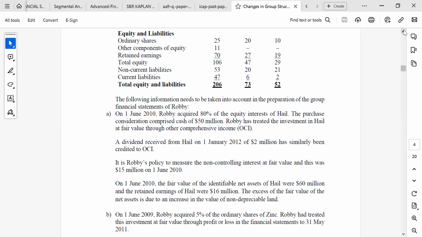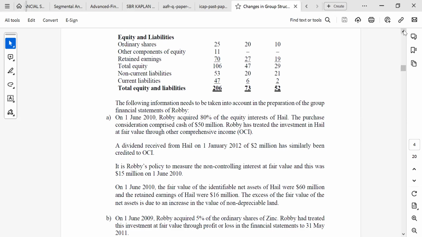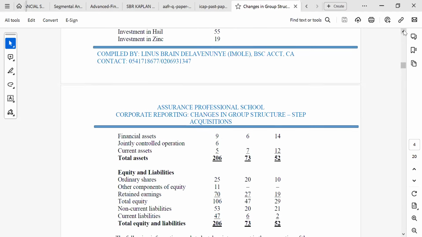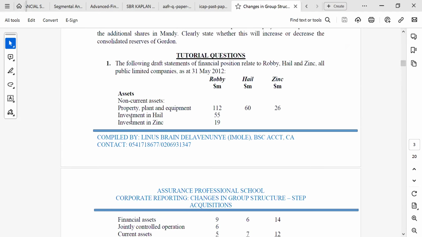But this is a control, so we have to consolidate them. We can't be treating these investments in accordance with IFRS 9. No, this will be treated under the provisions of IFRS 3 and IFRS 10, business combinations and consolidated financial statements.